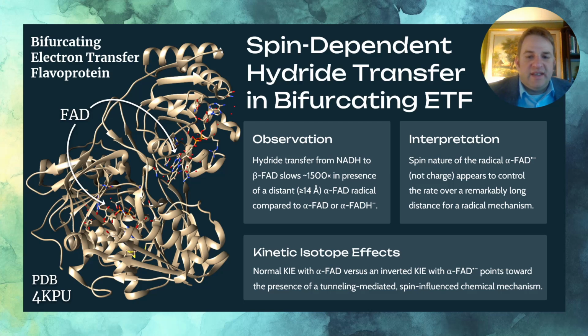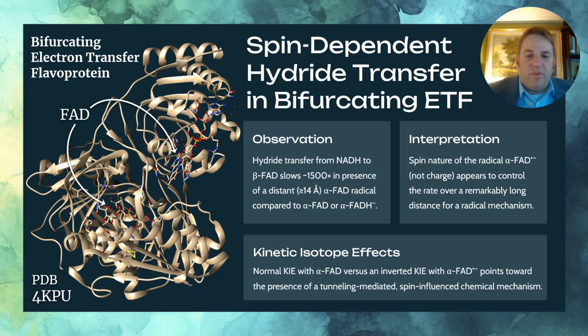This was tested against a radical FAD and simply a reduced FAD. And it was found that the spin nature of the radical, not its charged nature, appeared to control the rate over remarkably long distance for a radical mechanism.